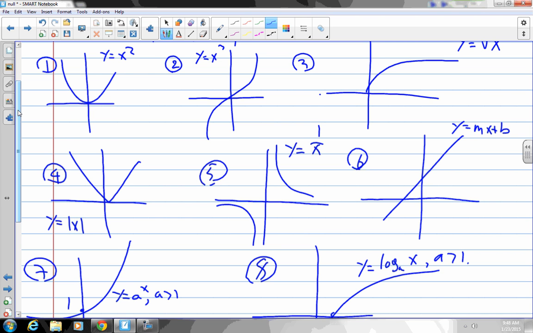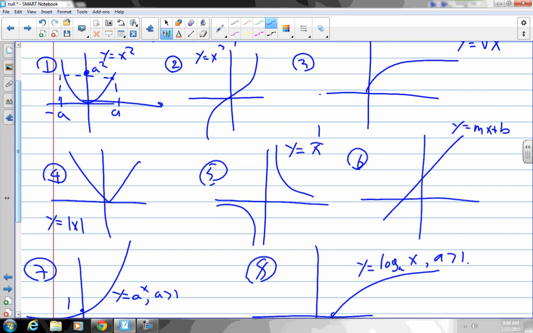Well, they're awesome for sure, but we call those even functions. The functions that are symmetric with respect to the y-axis are called even functions. So it doesn't matter whether x is positive or negative, the y value stays the same. This is the idea behind this graph. It doesn't matter whether you put negative a or positive a. In both cases, you get the same value of a squared. So that's an even function.